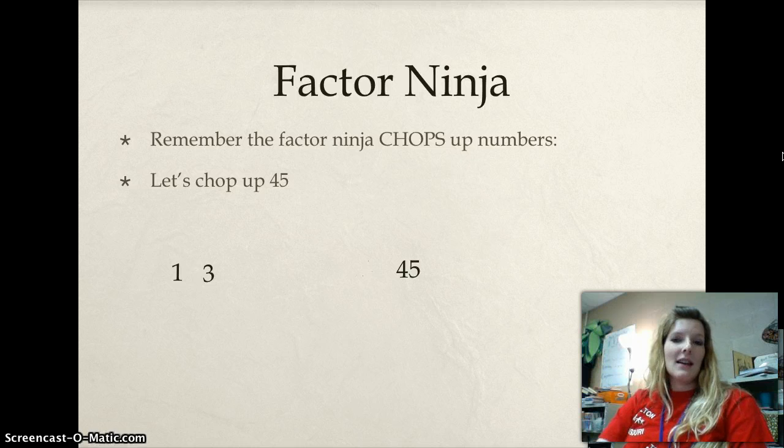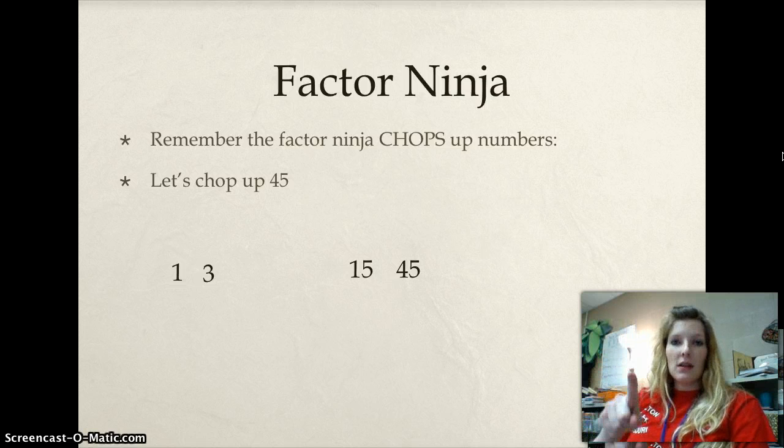It is 15. And then we have 4. Can 4 go into 45? I don't think so. You can also look at a multiplication chart in your agendas or at home in the back of your math notebook to figure it out. Go down your 3's column and figure out 3 times what equals 45. Go down your 4's column and figure out 4 times what.